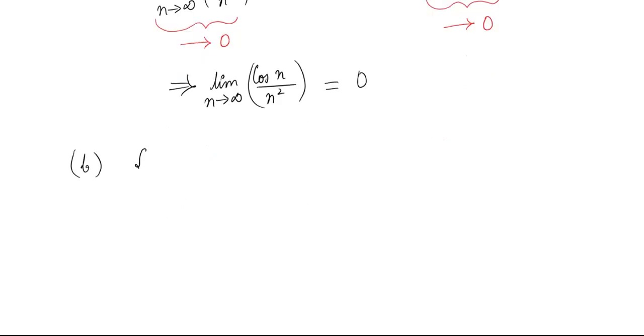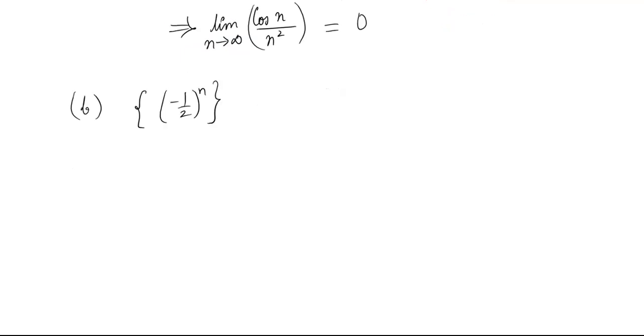B, negative half power n as your sequence. Now notice negative half power n, no matter what your n is, it's a value that's going to fluctuate between negative and positive depending on the evenness or the oddness of n, right?